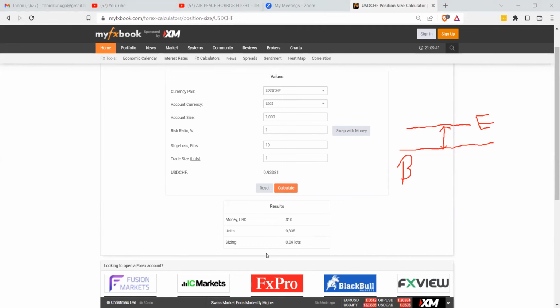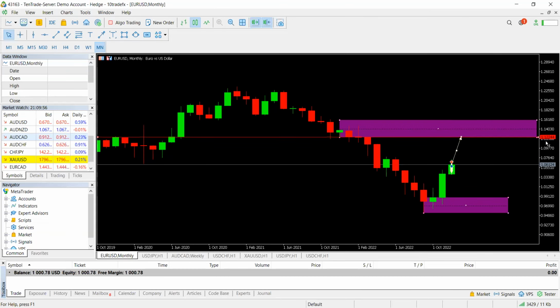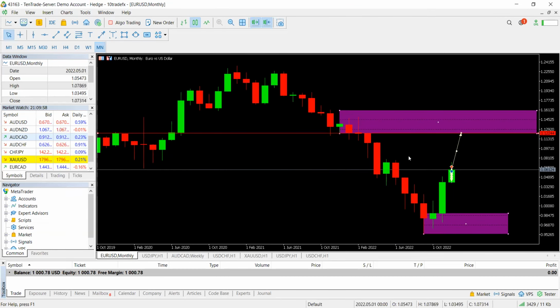So let me show you how to calculate pips on MT5. It's very simple. All right. So looking at this particular chart here, let's assume that this place is our entry, and then this extreme here is our exit. How do you calculate pips on MT5? We're going to use a tool called the crosshair.